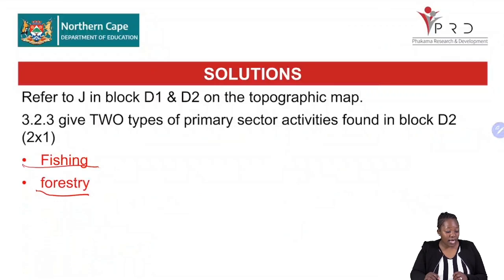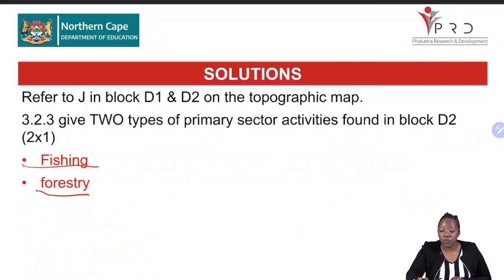Remember, you cannot say there is farming because there is no cultivated land, even though farming is one of the primary sector's activities, because it is not included in block D2. Also, you cannot say mining because there is no evidence of mining in block D2. Hence, we are saying forestry because there is evidence of the row of trees, and we are saying fishing because there is a river in that block.